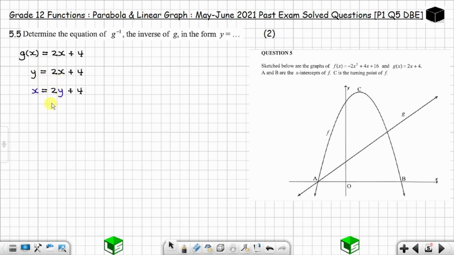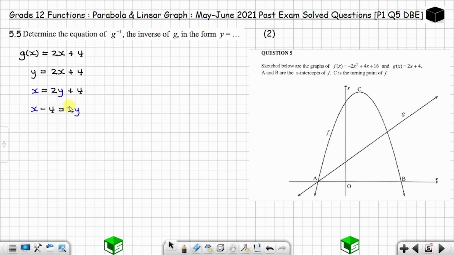Okay, now you need to make y the subject of the formula, because the question is to find the inverse of g in the form y is equal to. Okay, so you have x minus 4. When this positive 4 moves to the other side, it's minus 4, right? Which is equal to 2y. Now to get y, you need to divide by 2 throughout.